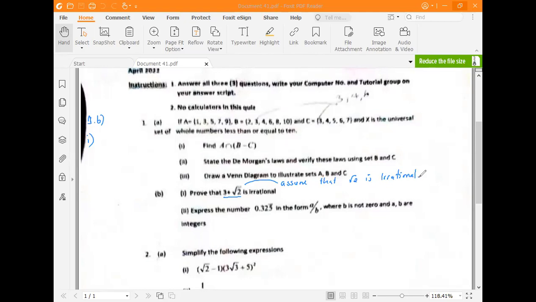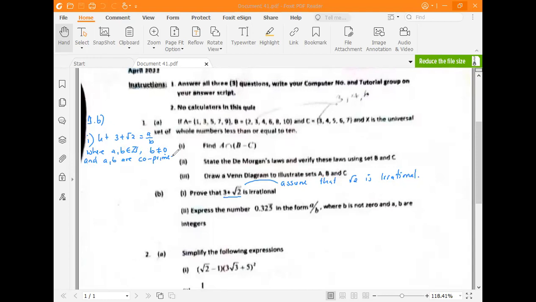Then you say, let 3 plus root 2 be equal to A over B, where A, B are integers, B is not allowed to be 0, and A, B are co-prime. Co-prime means they do not have any common factor.